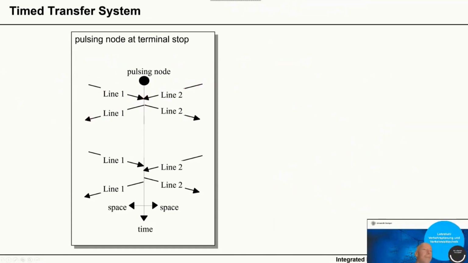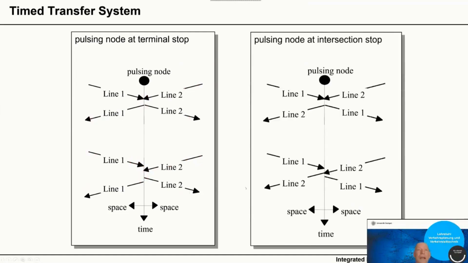If you have a hierarchy in the system, this could be the intercity train, this could be the regional train. You have a different system, you want to minimize the stop time for the intercity train. So this is what the system could look like. And it doesn't look that different if your central pulsing node is at an intersection node. This is what you want to achieve.